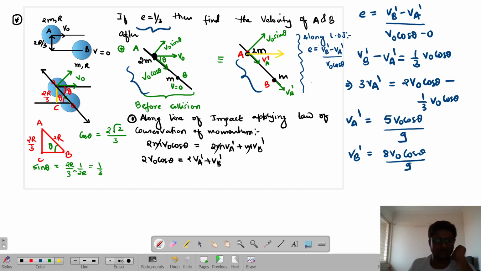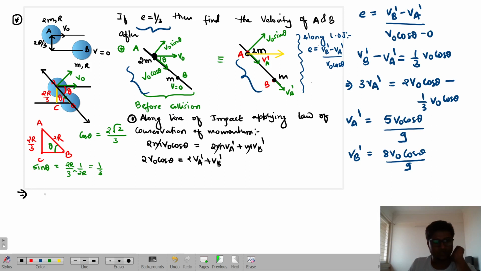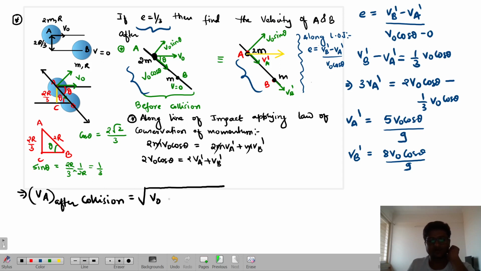So look over here. What is the resultant velocity of A? This implies that finally V of A after collision is equal to the root of V naught sine theta squared, where sine theta is 1 by 3, so 1 by 9, plus VA dash squared, which is 25 V naught cos square theta over 9, with cos square theta being 8 by 9, so 9 nines are 81.